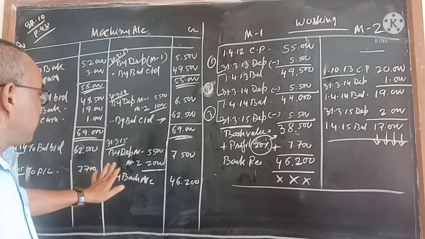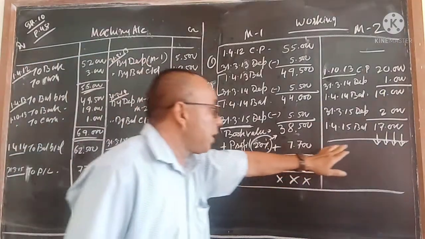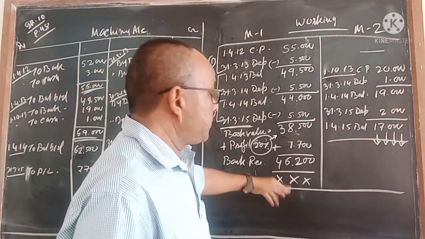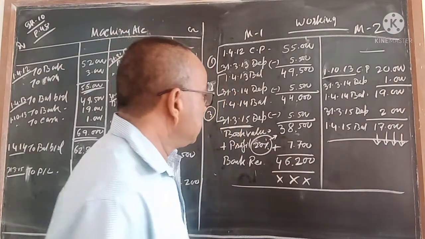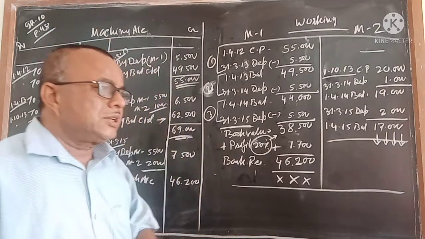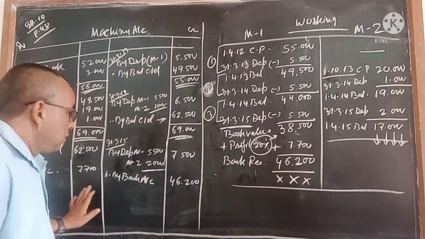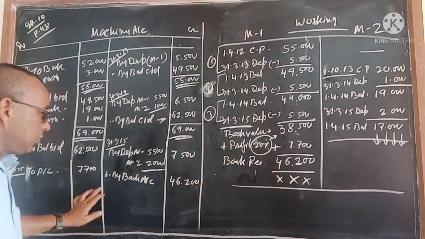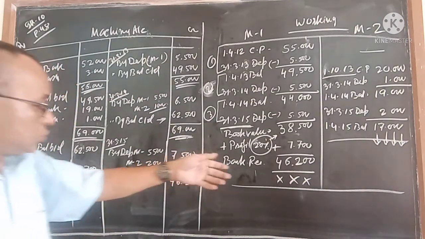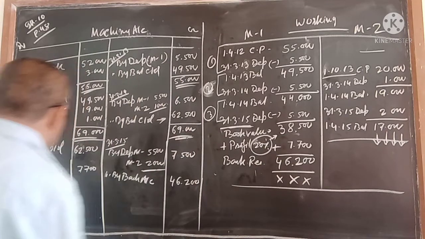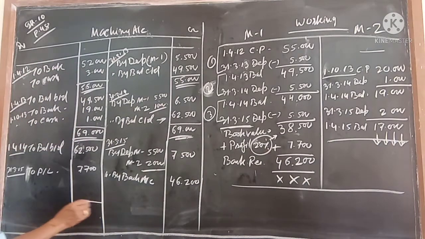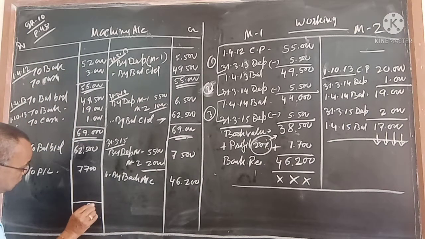The balance whatever you will get will be for the second machine, because the first machine you have sold. Whether your answer is correct or wrong, you can find out from here also. This balance still I will not find out. If I find out, the balance should be 17,000. Let us see how much balance is coming. This is to add.